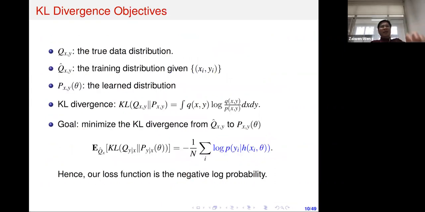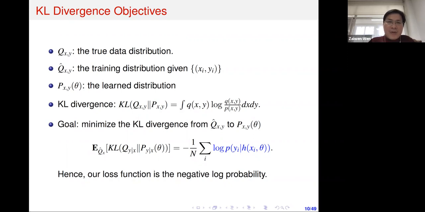So let's try to understand the loss function in statistics. Let Q be the true data distribution, Q hat the training distribution given the sample data, and P the model distribution. Then what is our loss function?